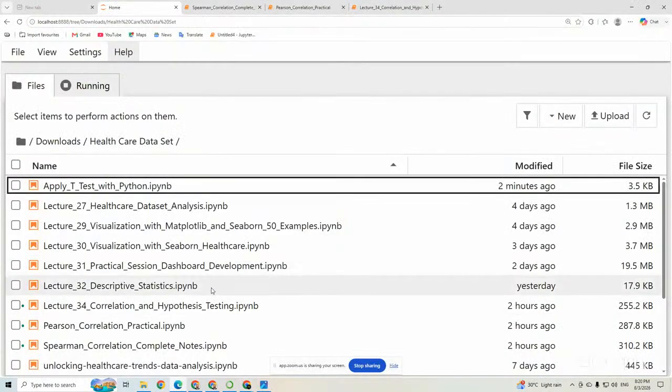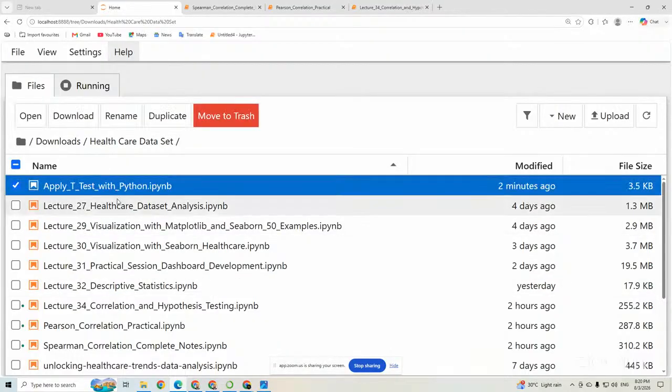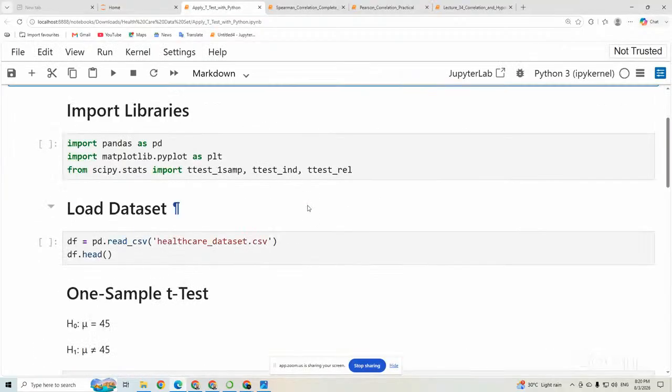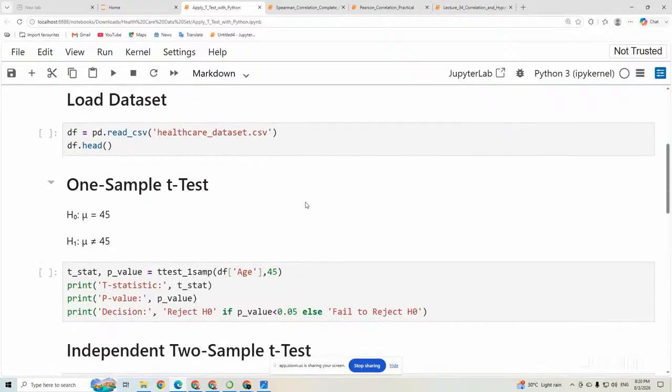I hope it is now in the right place. Yes. Okay. Yes, you can see now.